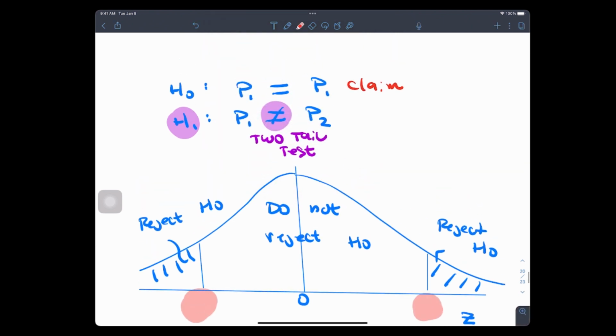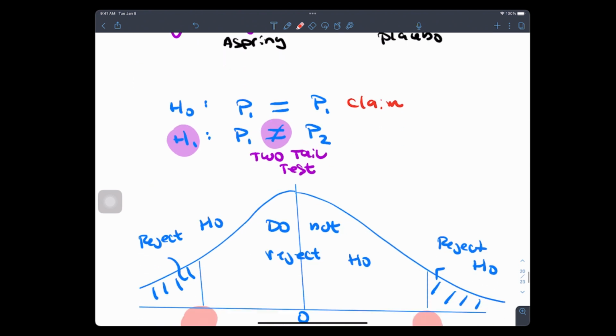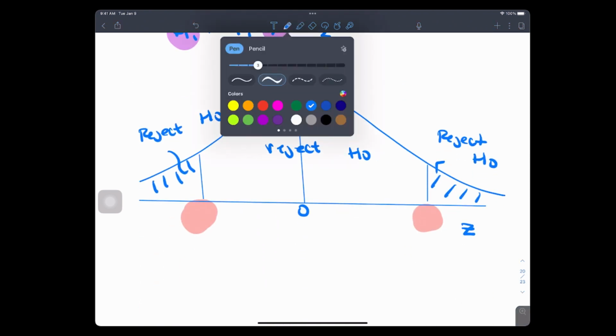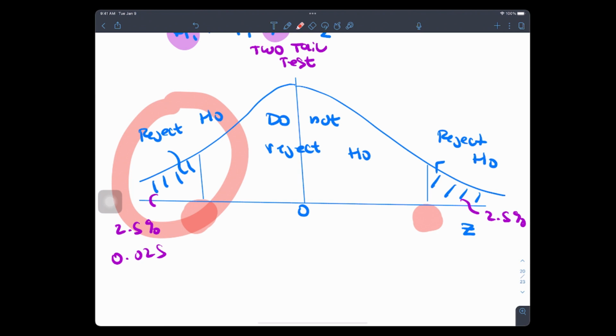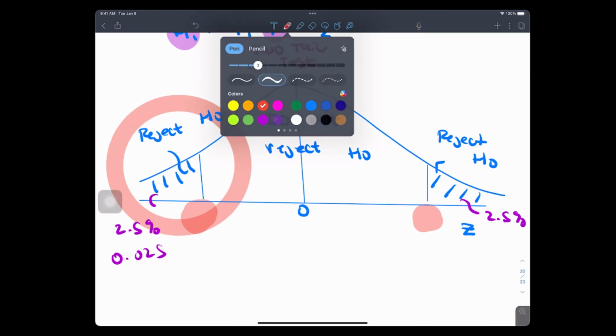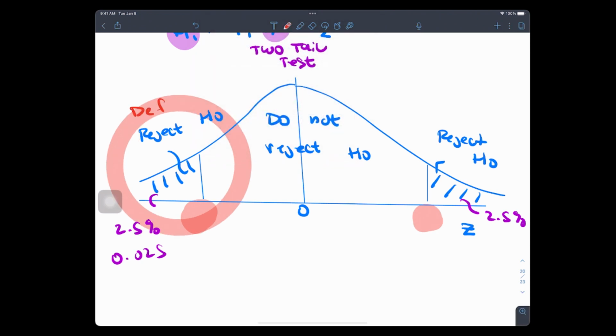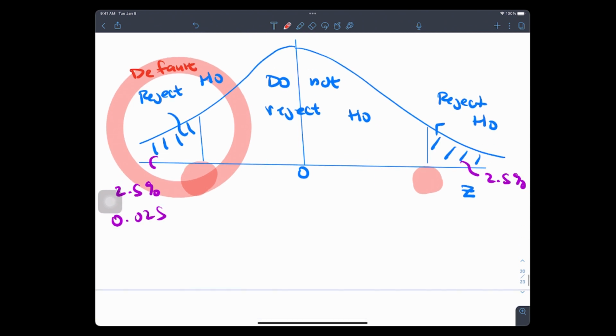What was the level of significance on this? 5%. Okay. So if there's two tails, 2.5% is in each. Is that right? And in honor of the folks that have the default calculator, the older one, we're going to get the critical value.